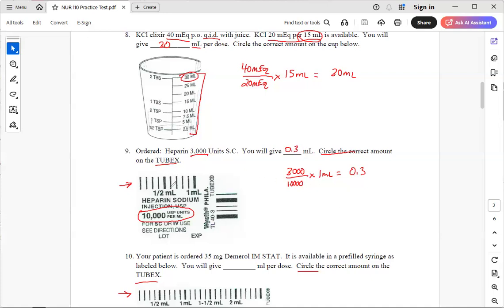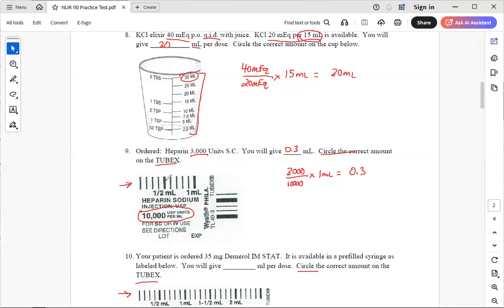If you are supposed to drop your pointer, then you just want to drop your pointer on the tube X where it's supposed to go. Before I do anything, I always like to verify what these marks indicate, because sometimes you can have a syringe where everything is every 2 ml or every 2 units. So I just want to make sure that these are in 1/10 of an ml.